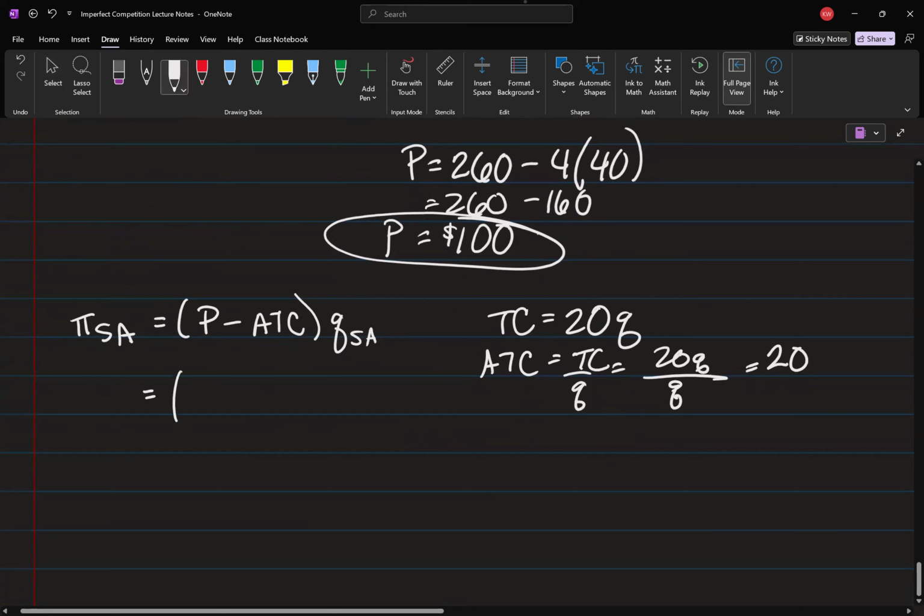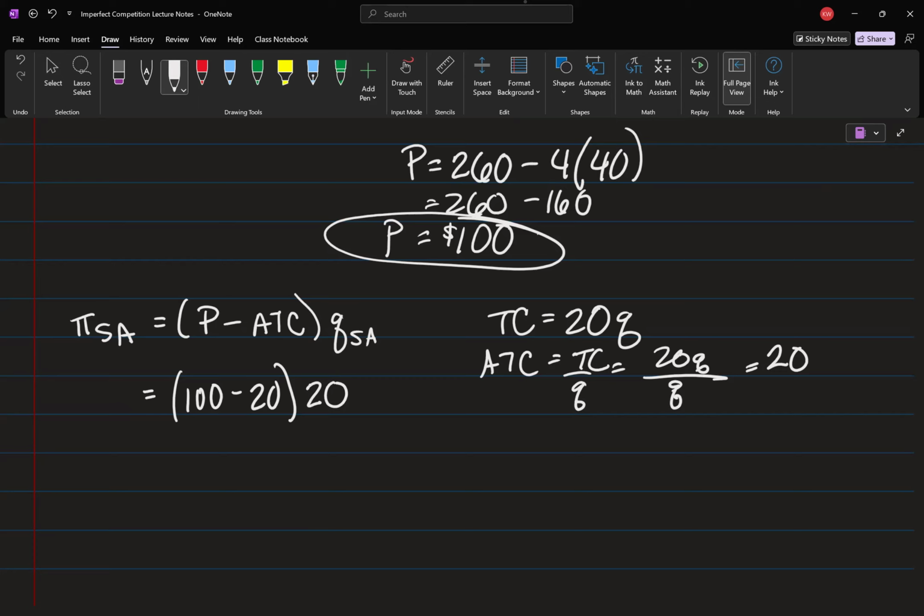So we found then that price is 100, so we substitute that in. We just found that average total cost is 20, so we substitute that for average total cost. And we found that Saudi Arabia produces 20 million barrels. So for their profit, we have 100 minus 20 multiplied by 20. That gives us 80 times 20, which multiplied together gives us 1,600.